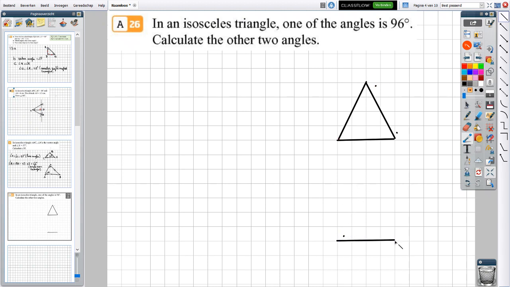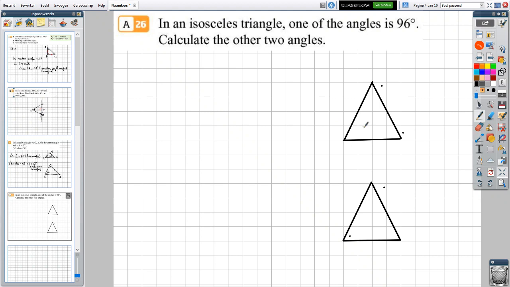Let's see. I have two different situations right here. I'm not even going to name the angles. I'm just going to say that this, however, is the vertex angle, right? So those two angles here are going to be the same.